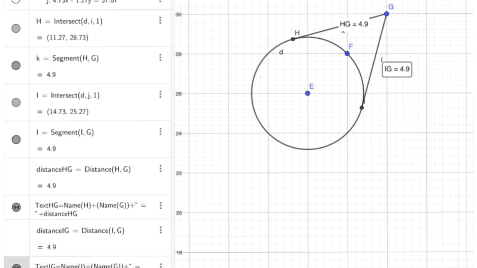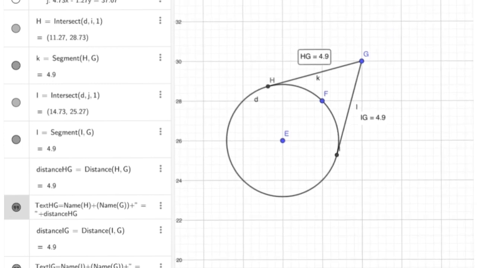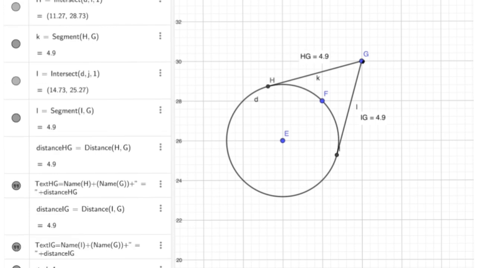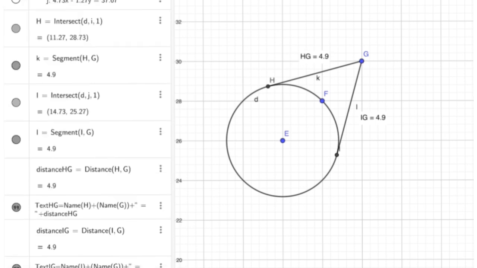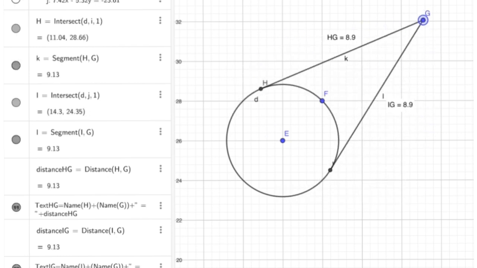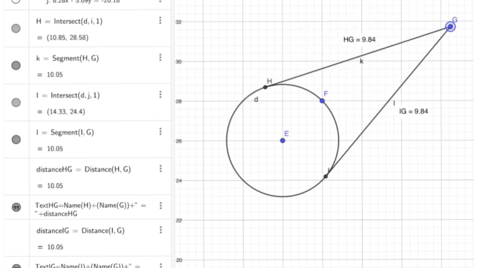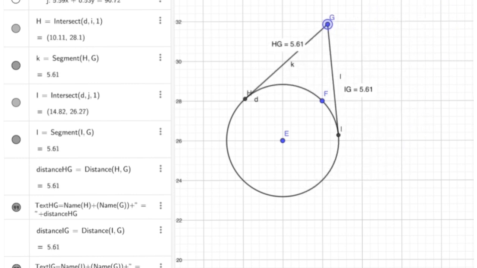You can move these things a little bit if you find it confusing or distracting. Maximize the move option. The beautiful thing here is that you can actually move the point, and you will be able to see that the tangent theorem is indeed true.